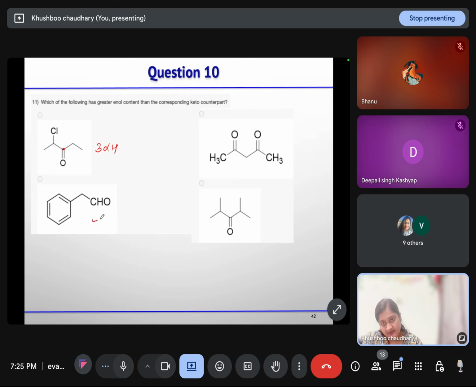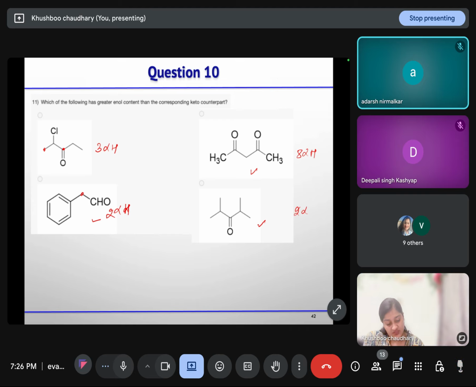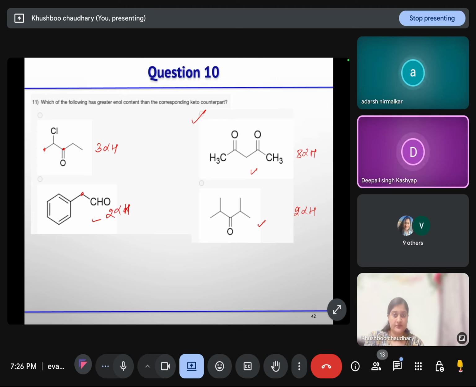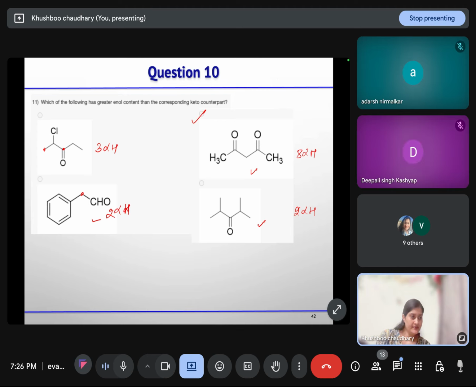In this case, 2 alpha hydrogens. Here, 8 alpha hydrogens. In this case, 2 alpha hydrogens. So which one has the highest enol content? This one. Option C. Okay?